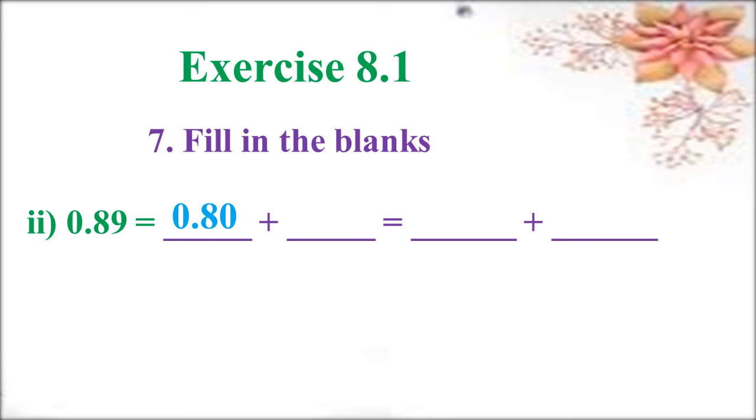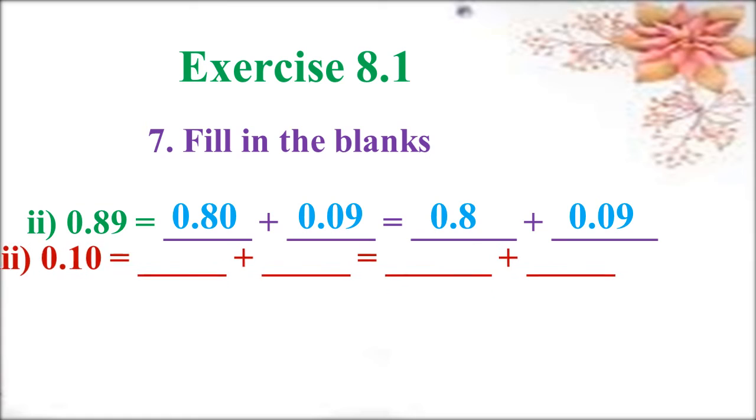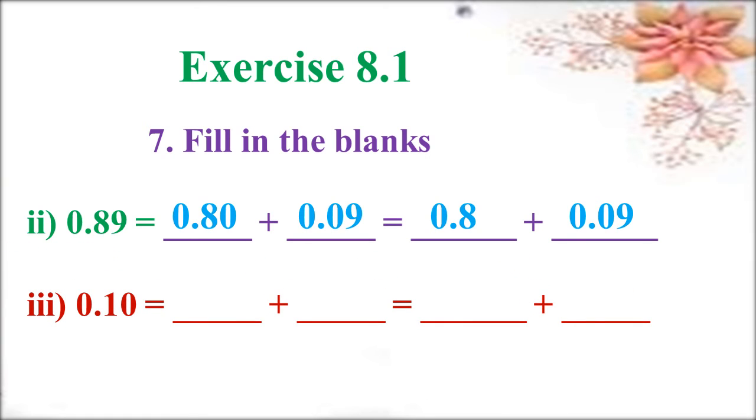So we can write 0.09. Now we are going to write the values. That means when the 0 is coming from the right side after the decimal point, there is no value, so we can write 0.08. Then we can add 0.09.